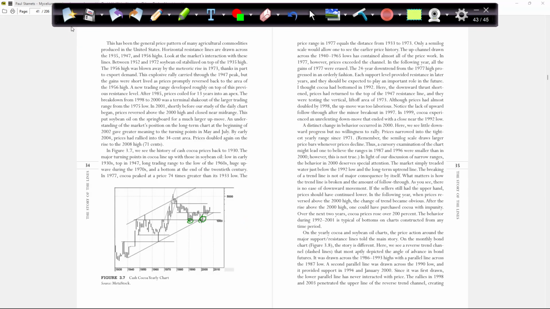A distinct change in behavior occurred in 2000. Here we see little downward progress but no willingness to rally. Prices narrowed into the tightest yearly range since 1971.